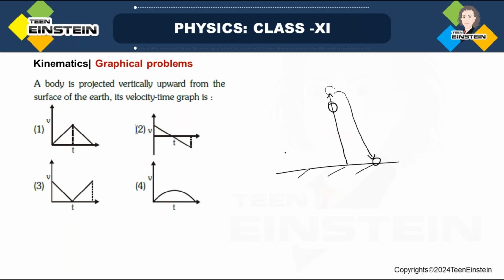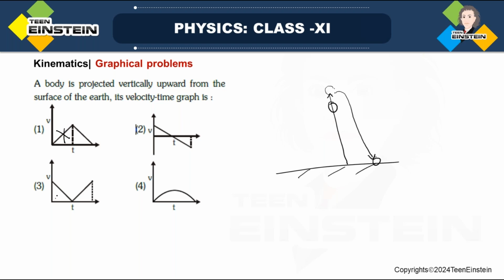So the situation you have to see here: the question says it is thrown in the upward direction with a certain velocity, so its velocity is going to decrease because it is going upward against gravity. Vertically upward means therefore this is not true.